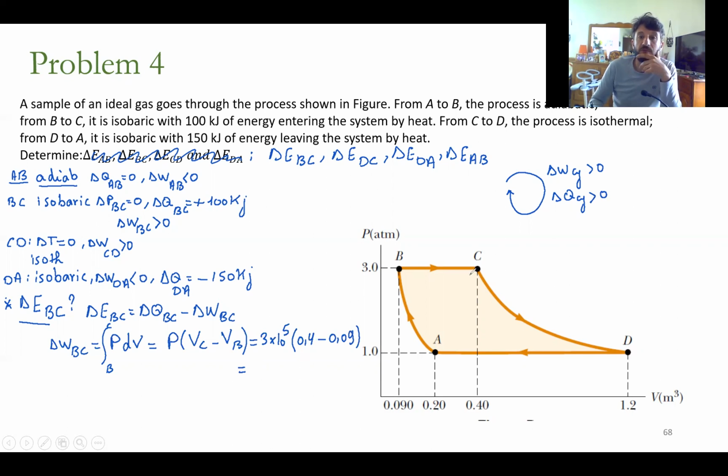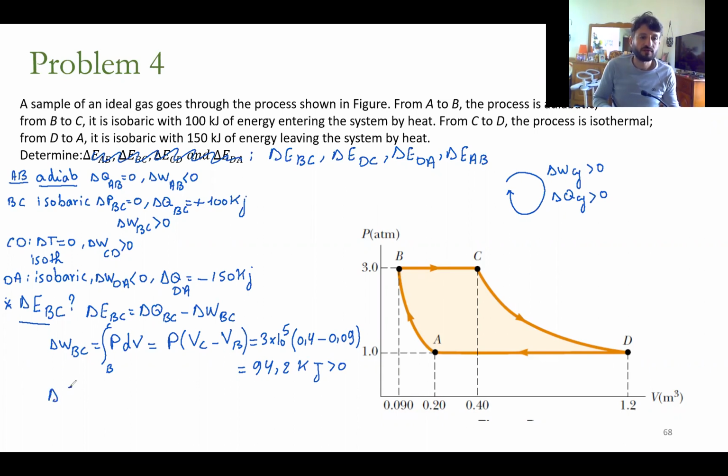We get the work between B and C, which must be positive because we increase the volume. The answer will be 94.2 kilojoules, positive. This is the work done by the gas.